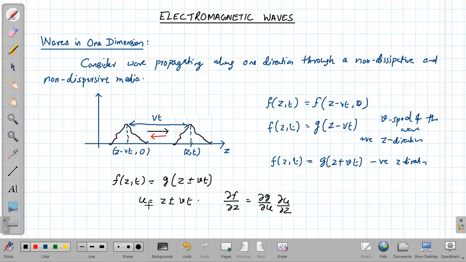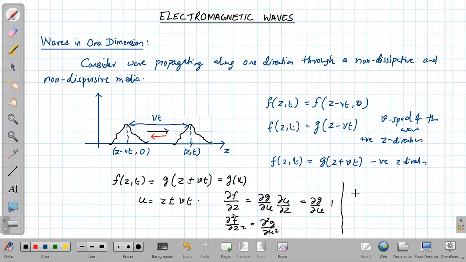Since I represented z plus or minus vt as u, f of z,t I can write as g of u. So this can be written as dou g by dou u times dou u by dou z. What would be dou u by dou z? It would be 1. Next we can calculate dou square f by dou z square. That would be equal to simply dou square g by dou u square.